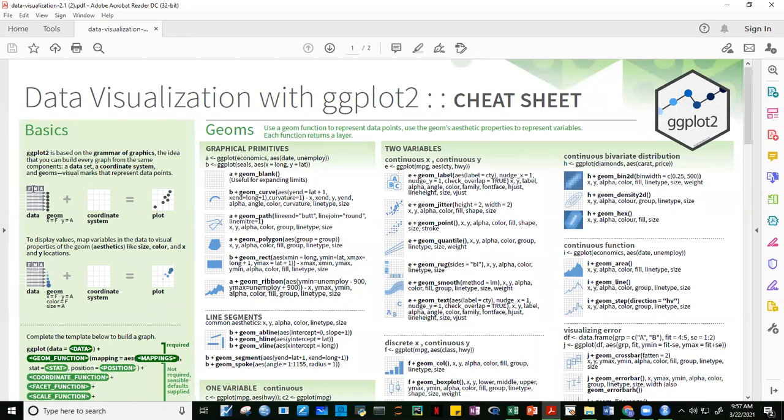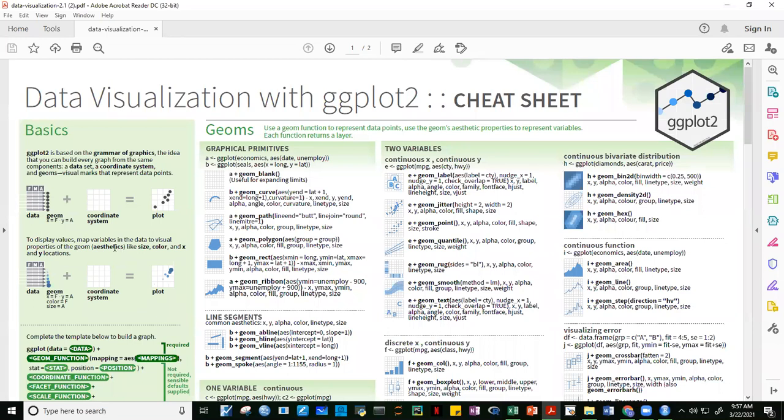So here you have your data, and your geom, your shape, and then your coordinate system, and the aesthetics, mapping aesthetics to have your plot. To display values, map variables in the data to visual properties of the geom.